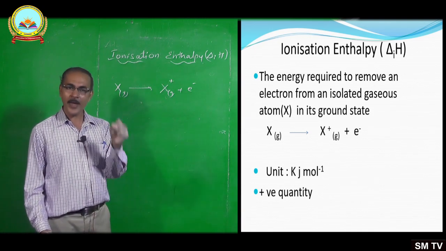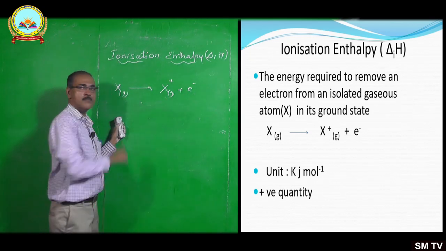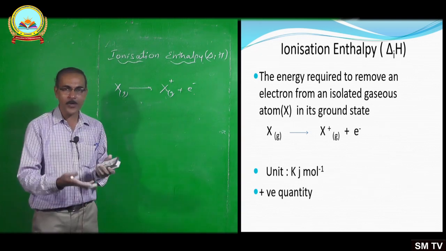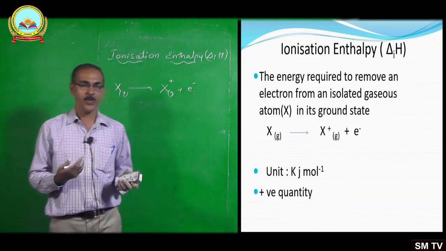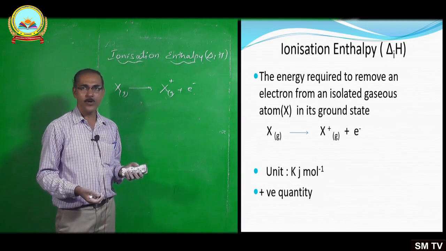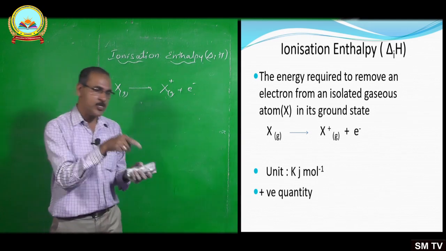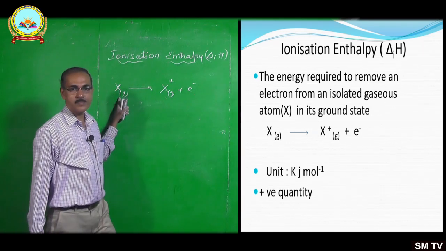Why energy required? To remove an electron from an atom, always you have to supply energy. Simply you cannot take out the electron from any species, any atom or any ion. To remove an electron, you have to supply energy to the atom. Then only the electron comes out.